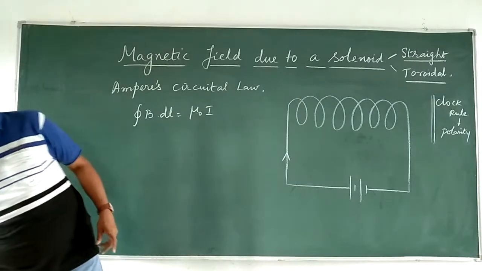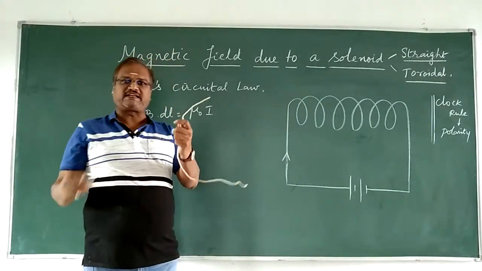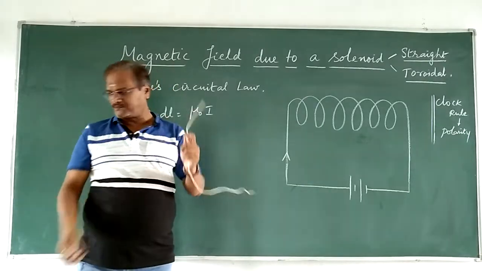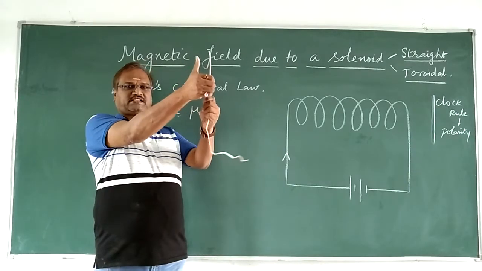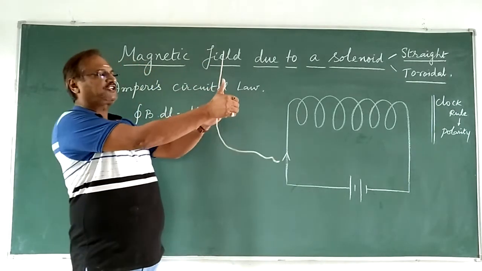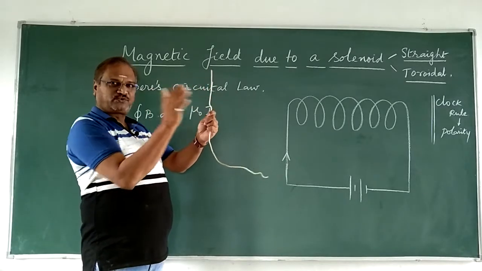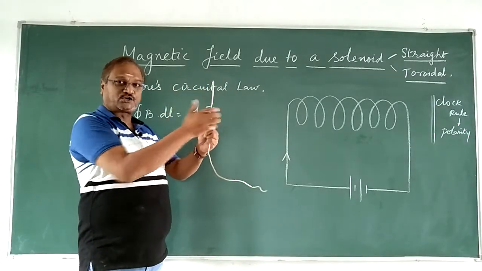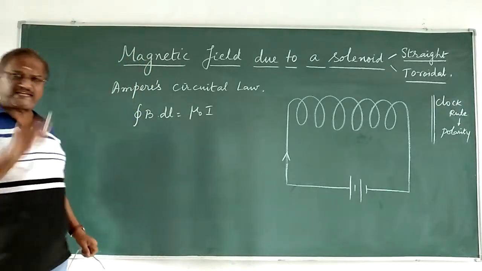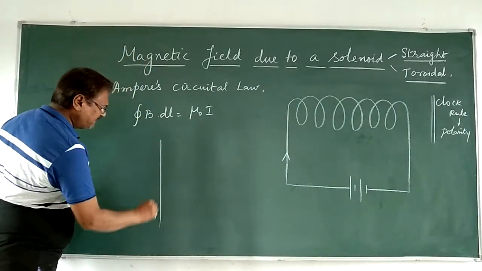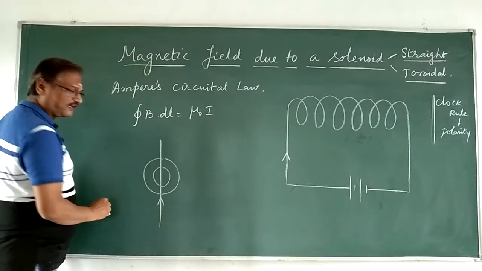We all know that in the case of a long straight wire, if current is flowing in a conductor, and the conventional current direction is upward, then the curled fingers show you the direction of the magnetic field. Let us recollect it. A wire is there, current is going like this. You'll find concentric circles.